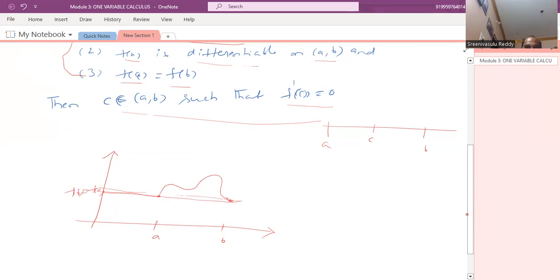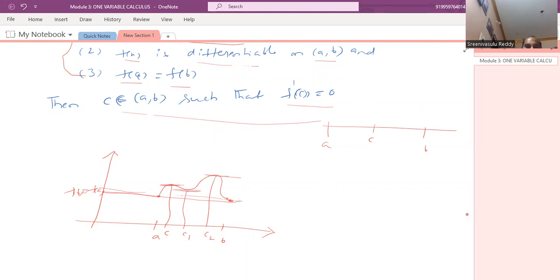Now in the graph, you observe that at this point, or at this point, draw a tangent. Suppose this is C. At C, C1, C2, the tangent line is parallel to the x-axis.